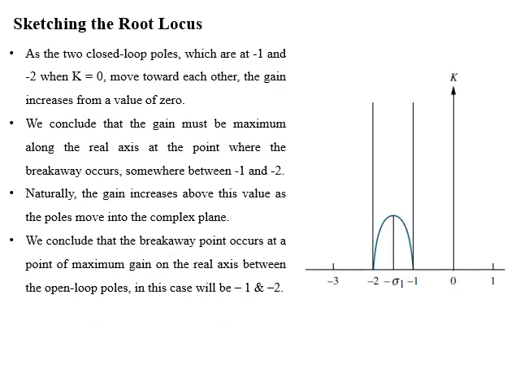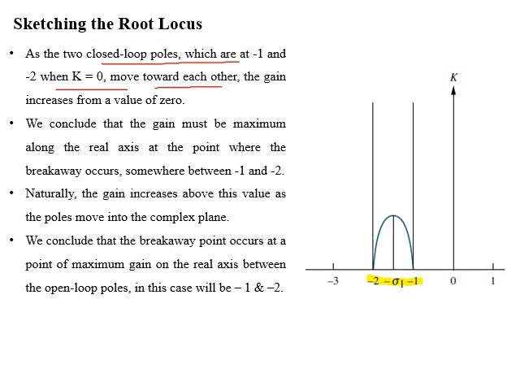Dear students, if you look at the figure which represents two poles, one at -1 and other at -2, these open loop system poles represent gain k equal to 0. As gain is increased, these poles will move toward each other.